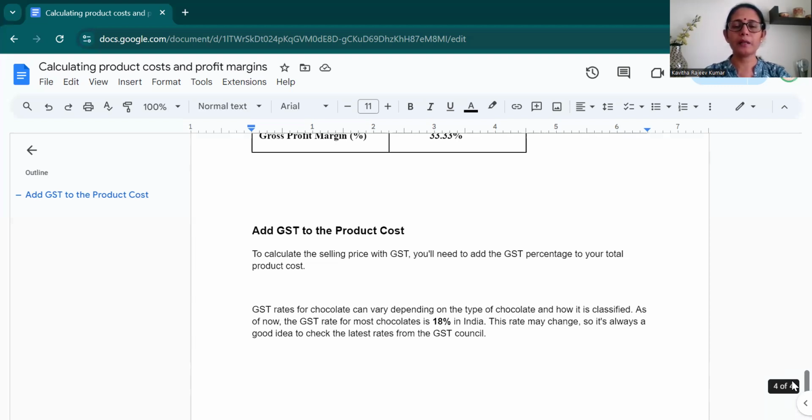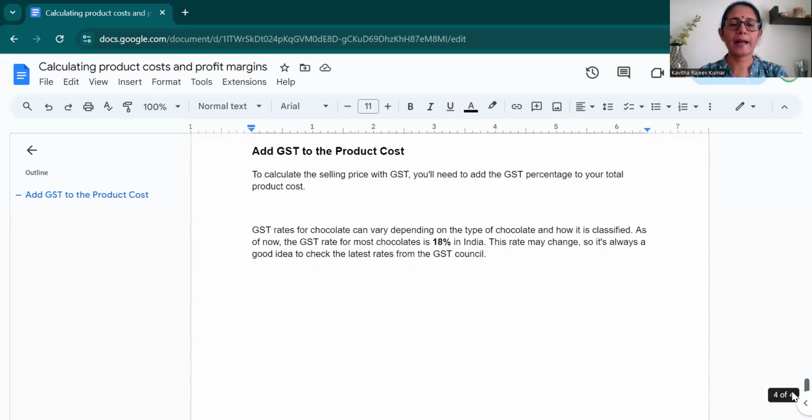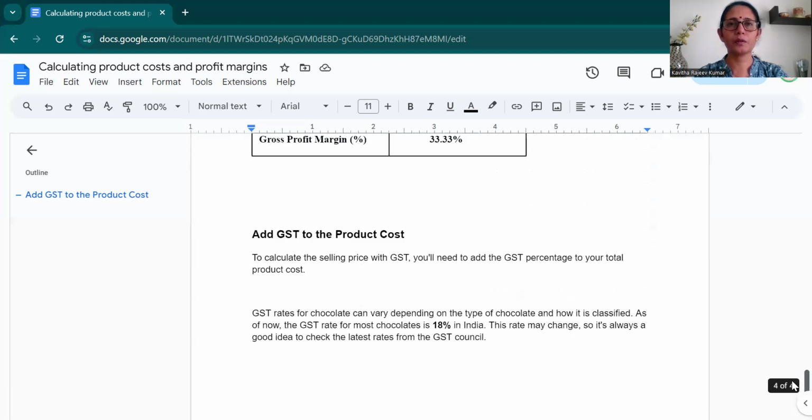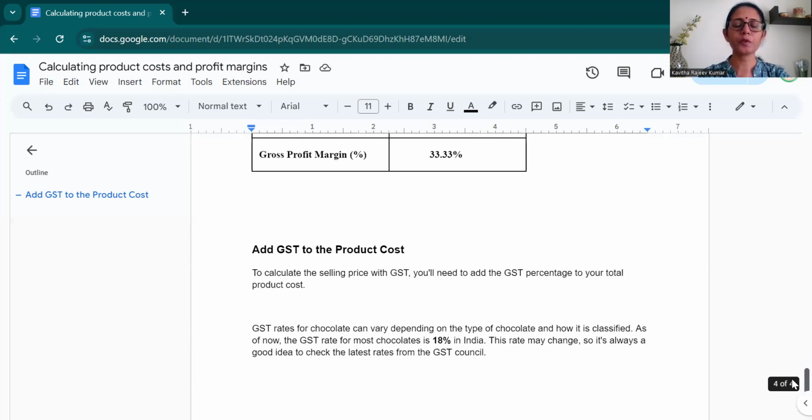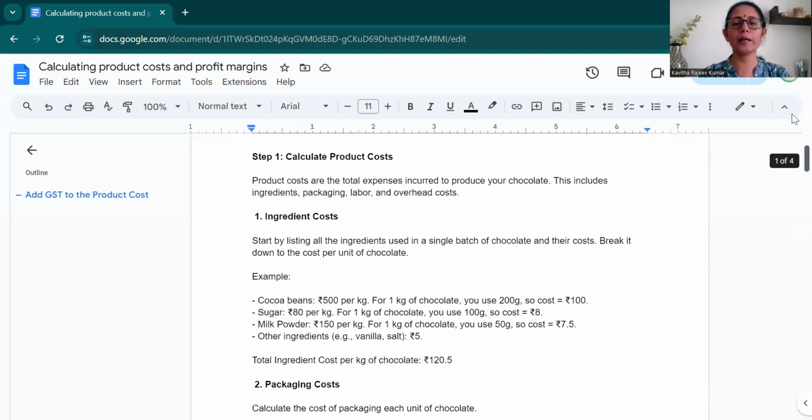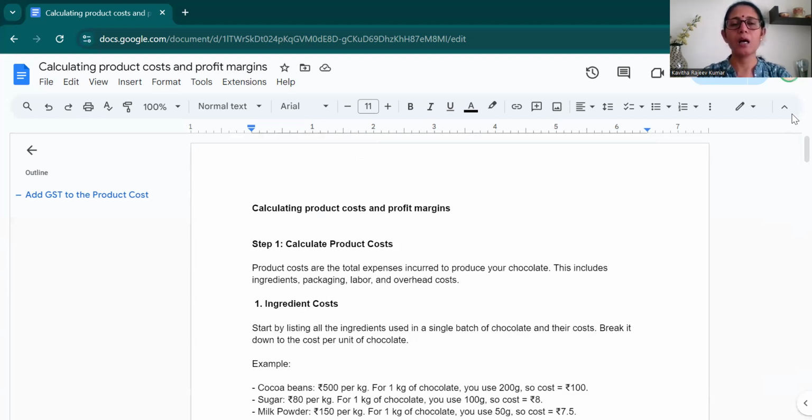So it is always better you refer to the latest rates from the GST Council website, or you can talk to your chartered accountant to know what is the rate that you can apply and add it to the cost. Now, the selling price plus GST. So this is how you calculate the product cost plus the profit margin.